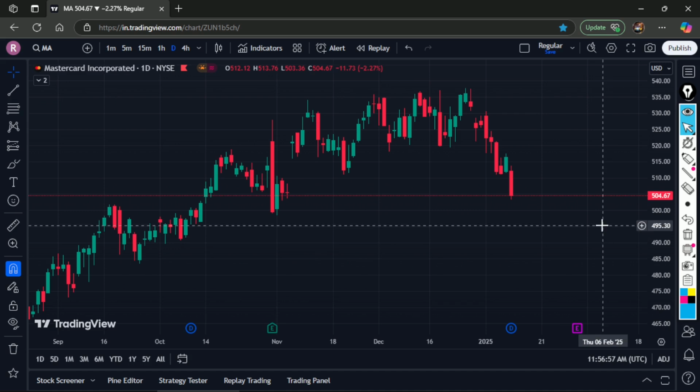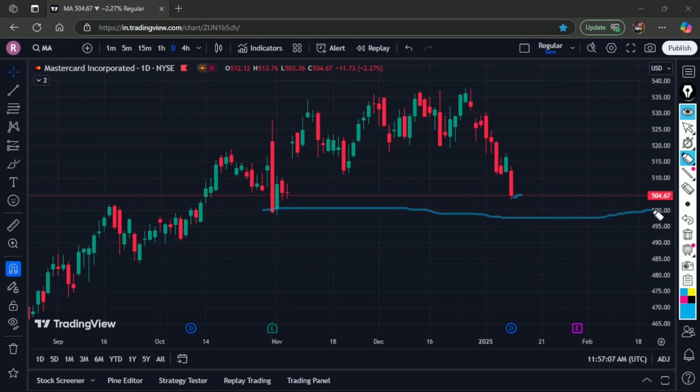And MA, in the previous session we were talking about this, and a very beautiful move has just come here, but for now I am not interested in selling anymore, because it is now at a spot where sudden buying can happen. So I am not too aggressive on the selling side.